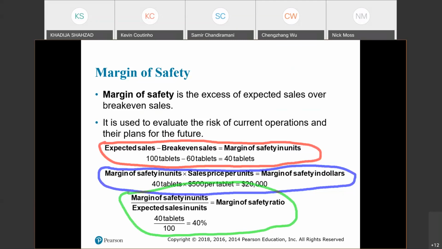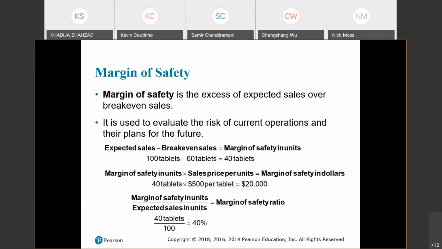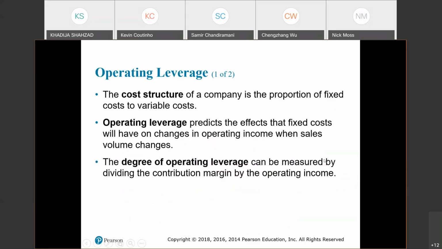We can get 40%. Well, this is margin of safety, which is pretty much straightforward. Basically, it means how much more the expected sales are than the sales at break-even point.